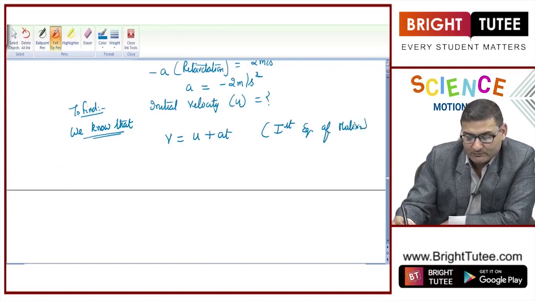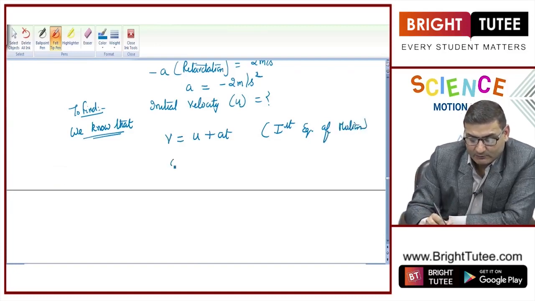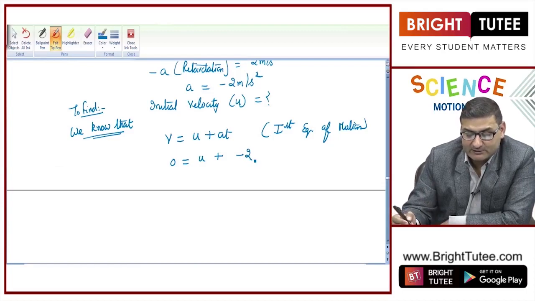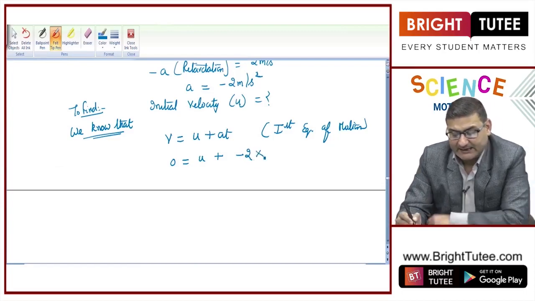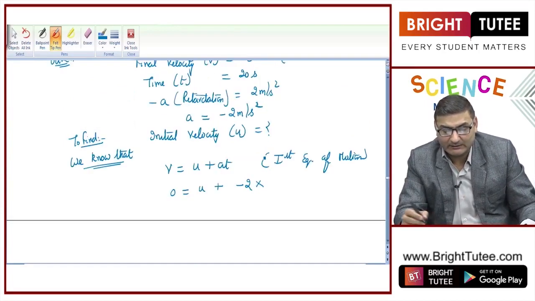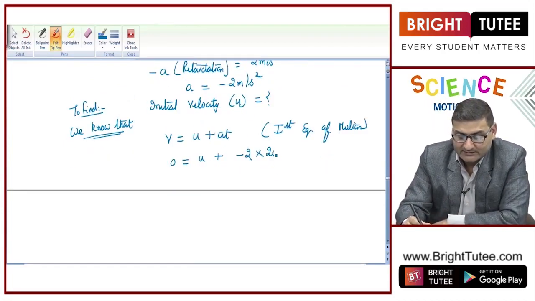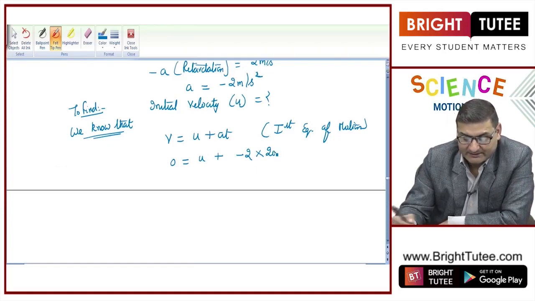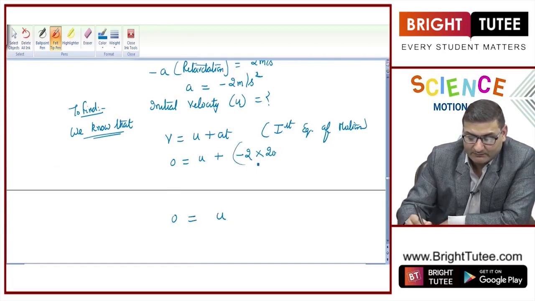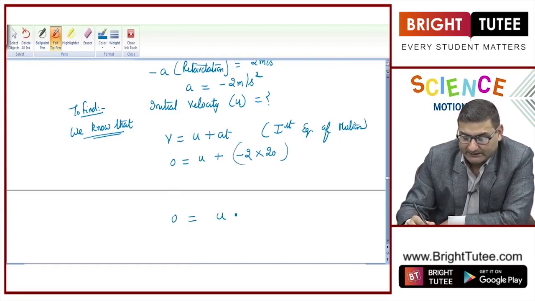So, putting the values, we get v is given to be 0, u I need to find out, a is minus 2 meters per second square, and the time which is given to me is 20 seconds. So, 2 into 20 is minus 40.